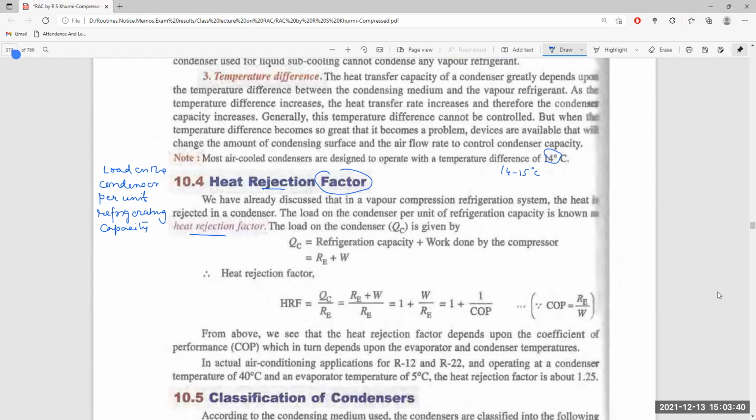The load of the condenser, QC, is the refrigerating effect RE plus the work done by the compressor W. So the heat rejection factor, HRF, is equal to QC by RE, which is equal to (RE plus W) divided by RE.